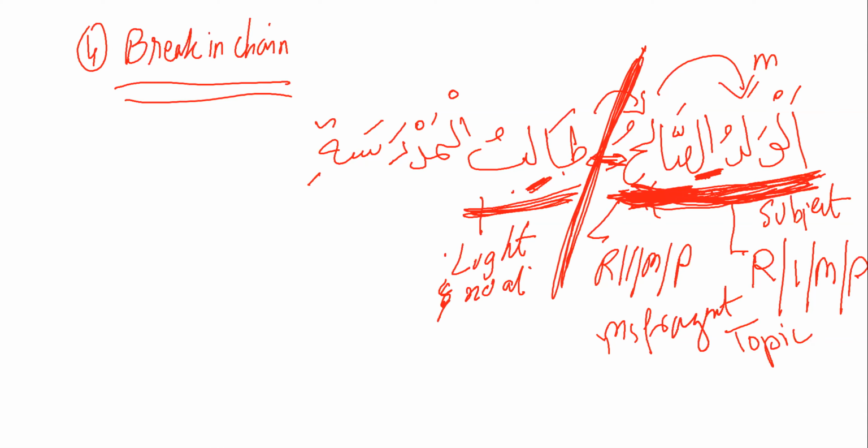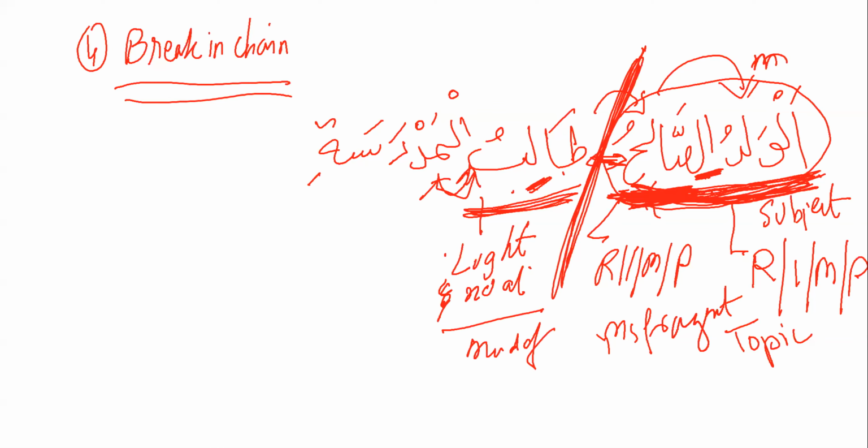Okay. So our mubtada bucket was the whole Mawsuf Sifa fragment. Now we want to know the relation between these two. Talibu, light and no al, which is mother, simple.